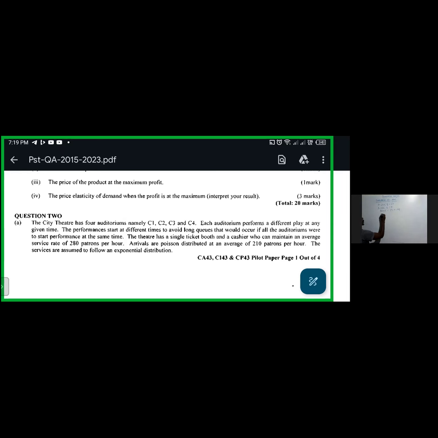When the price is 20, we don't know A and we don't know B, but we know Q is 20 (sic). Then this one will be 20B. We call it equation 1.